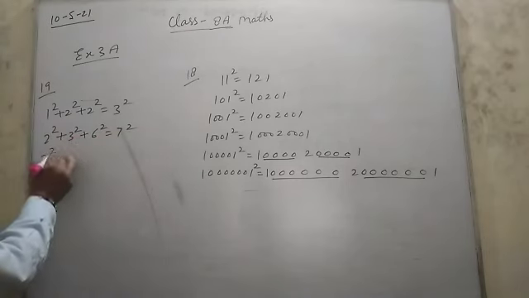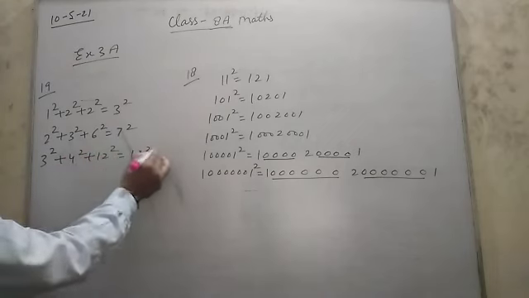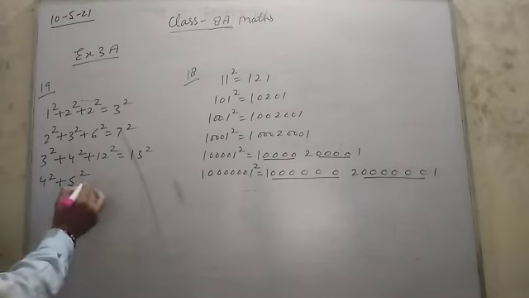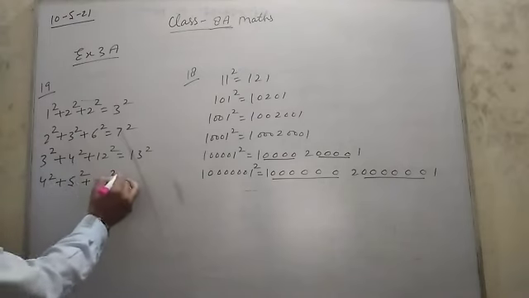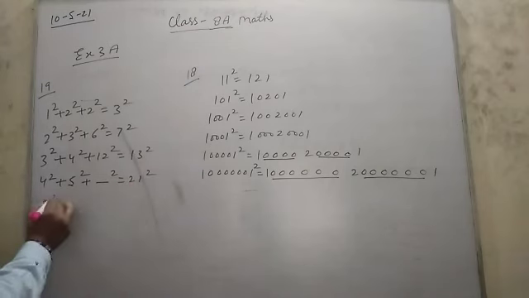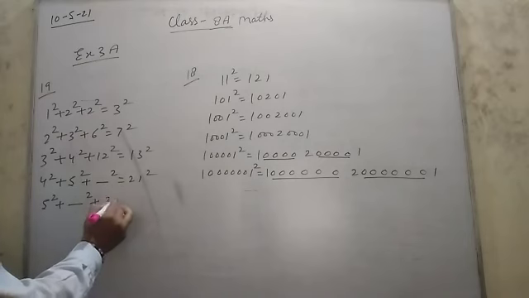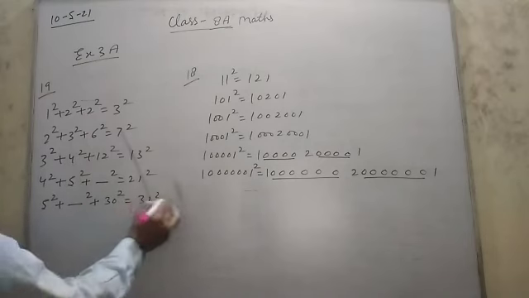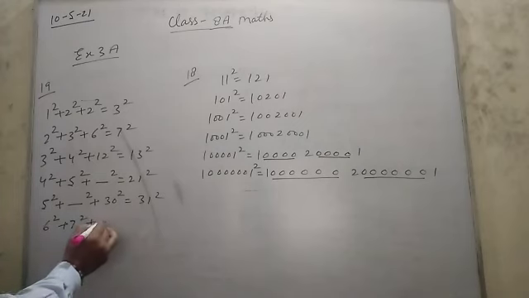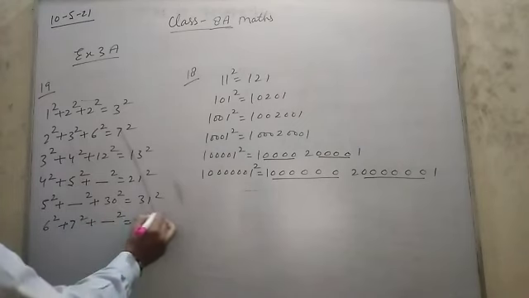Third one: 3 square plus 4 square plus 12 square is equal to 13 square. Then here 4 square plus 5 square plus missing is equal to 21 square. Here 5 square plus missing square plus 30 square is equal to 31 square. Last one: 6 square plus 7 square plus missing square is equal to missing square.